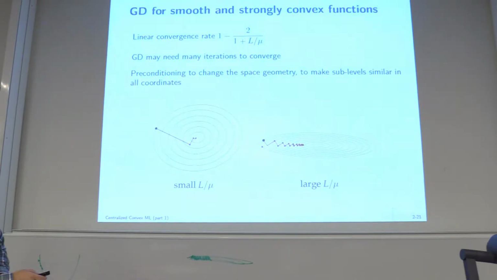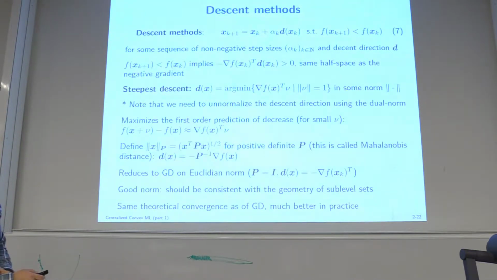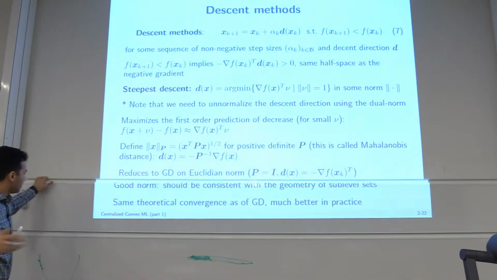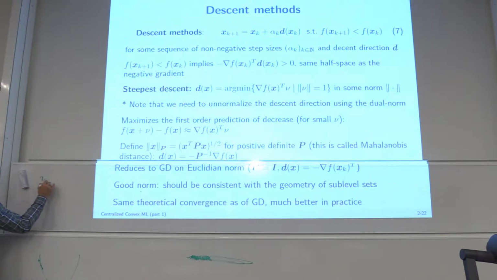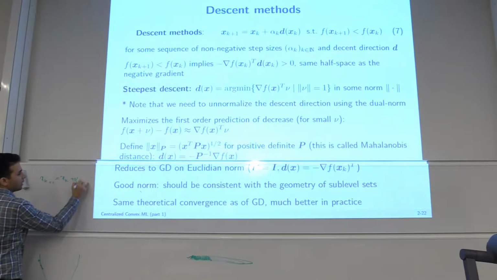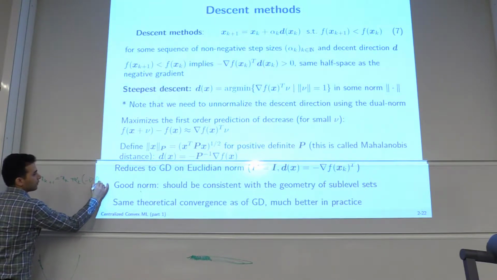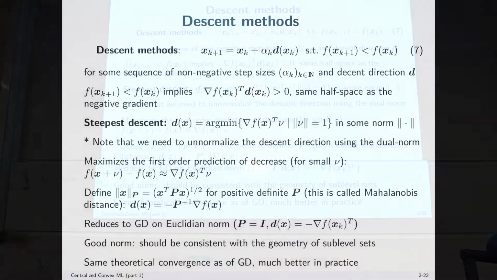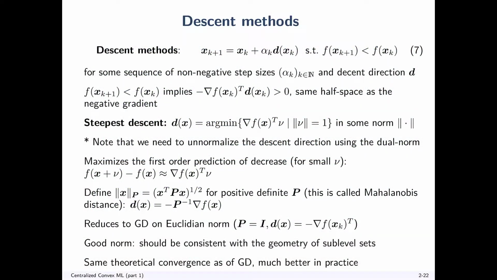This is called preconditioning. And this is actually the main idea of descent methods, in particular steepest descent. So what is a descent method? Instead of the gradient descent algorithm, x_{k+1} = x_k + alpha_k times minus the gradient of f at x_k, it says: instead of going toward the negative direction of the gradient, go toward some descent direction.